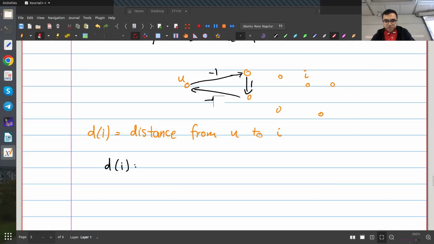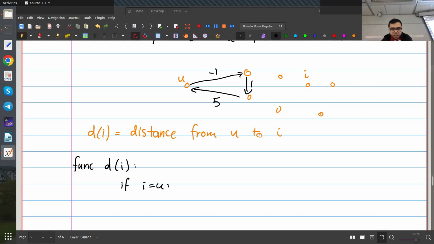Okay, so I can have negative weights, but this cycle is now positive overall. Okay, so if I have a function, let's call it d of I, which is giving the distance from vertex U to vertex I, I can say, well, first of all, if I is equal to U, just return 0. Because now I know that the distance from U to U is 0. I don't have negative cycles. Okay, but let's say I want the distance from U to some other vertex I.